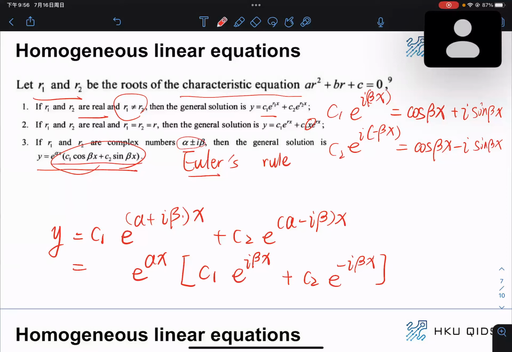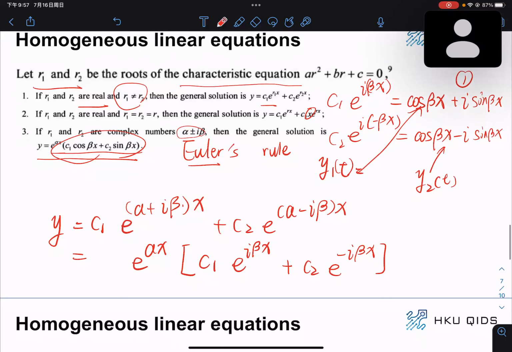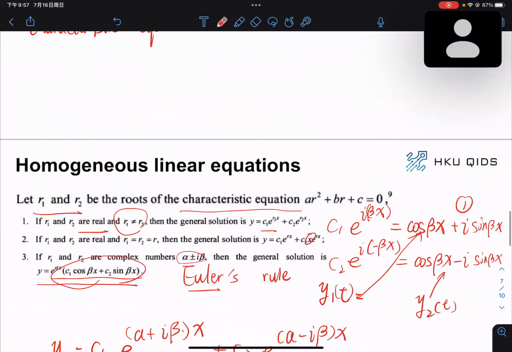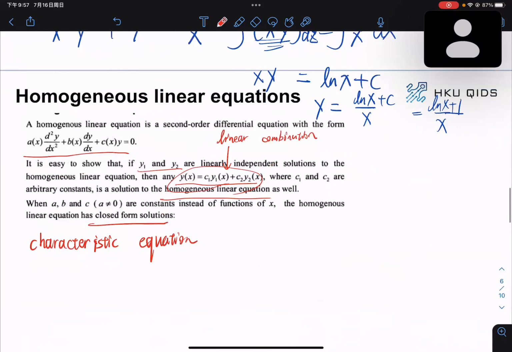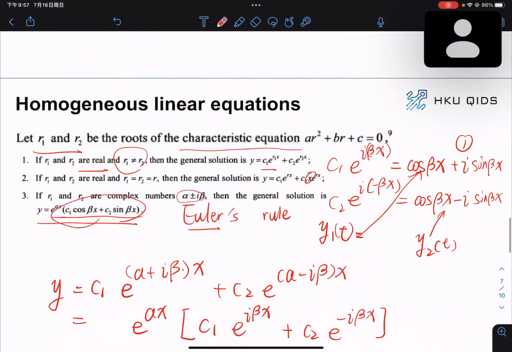So still remember, let's first define this as y1(t), okay? This is going to be this one. So this is y1, and this is y2, okay? And then we know that any linear combination, right? We can derive from here, any linear combination of these two, y1(x) plus y2(x), right? Oh, sorry, we should use x here.